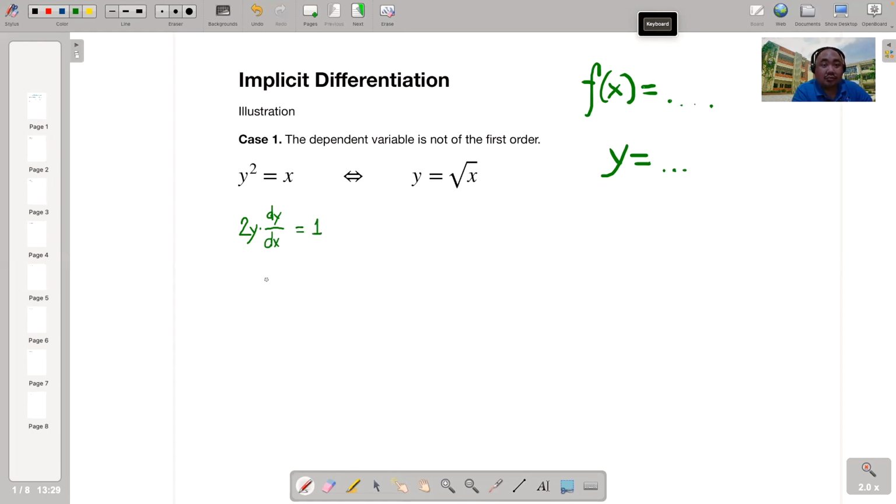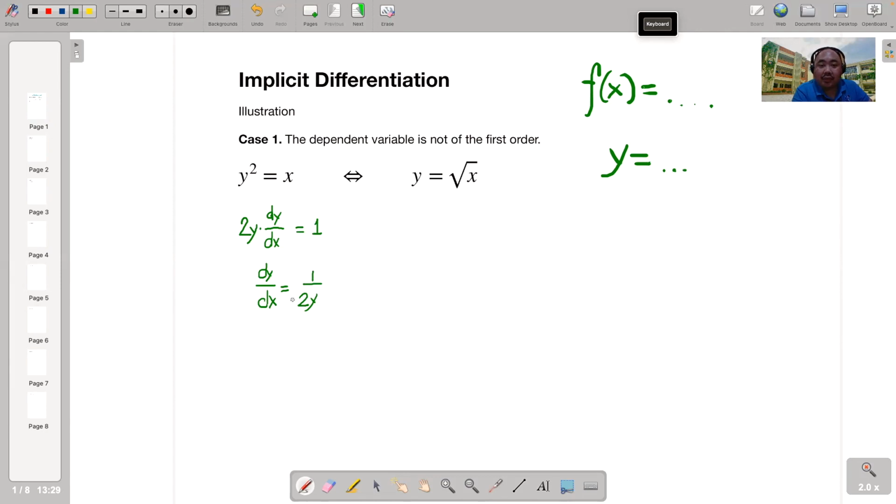And what are you looking for? The derivative after all, which is dy/dx. So you just say dy/dx is 1 all over 2y. Now, for implicit differentiation, practically you're done. Sir, really? Is that the derivative, you might ask?